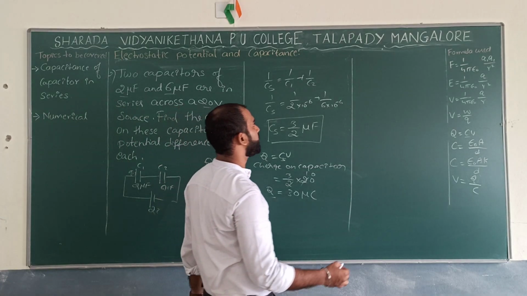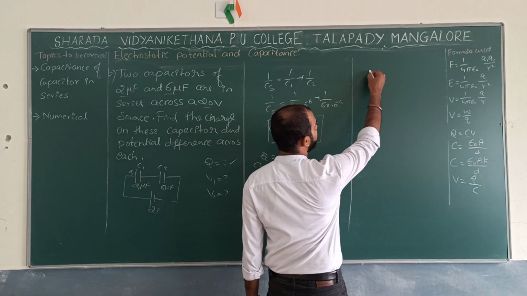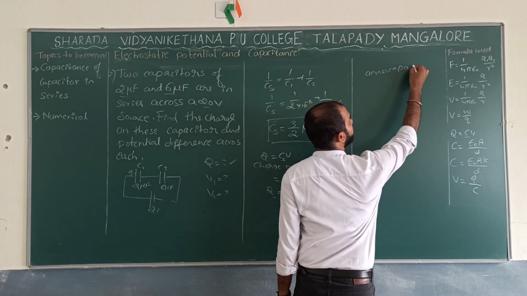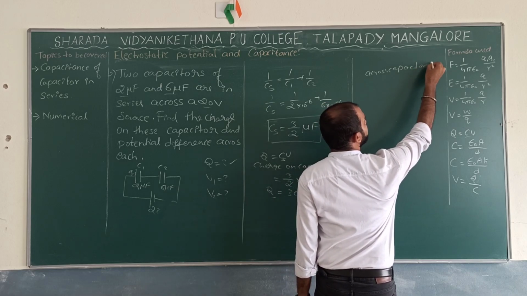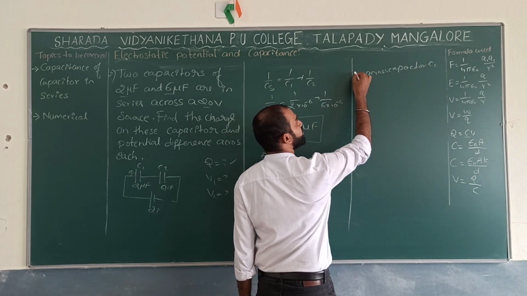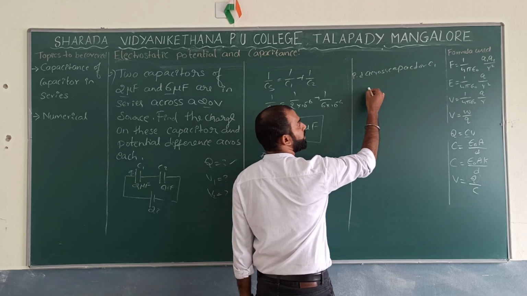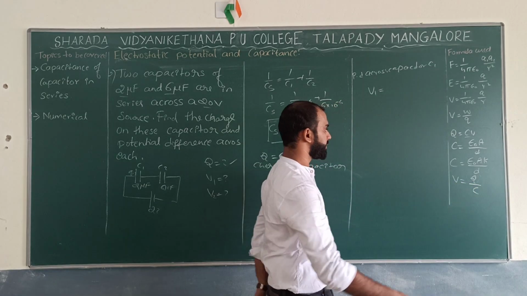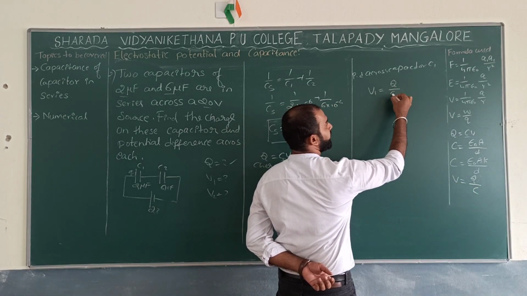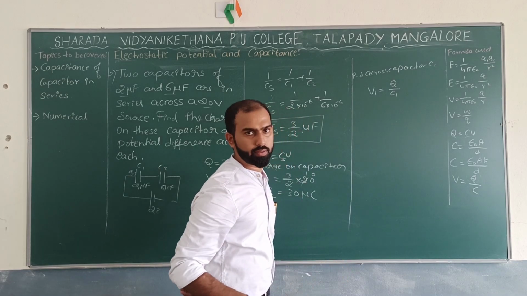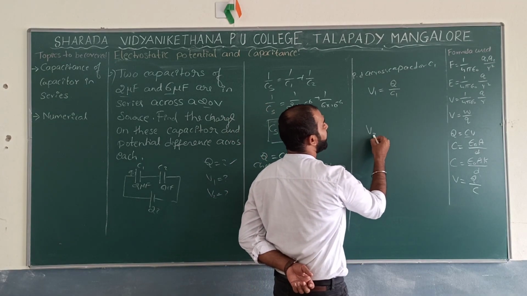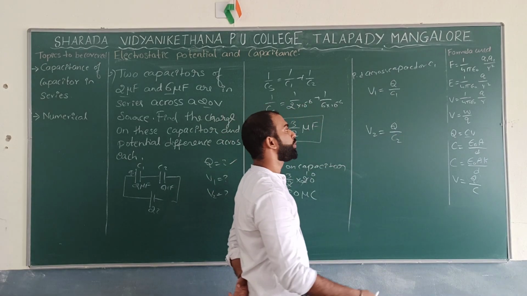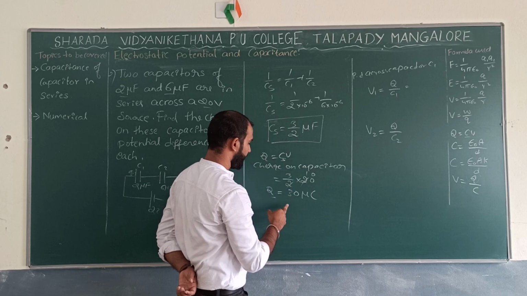So the potential difference across capacitor C1, V1, is equal to Q by C1. Similarly, V2 is Q by C2. What is the value of Q we have got just now?